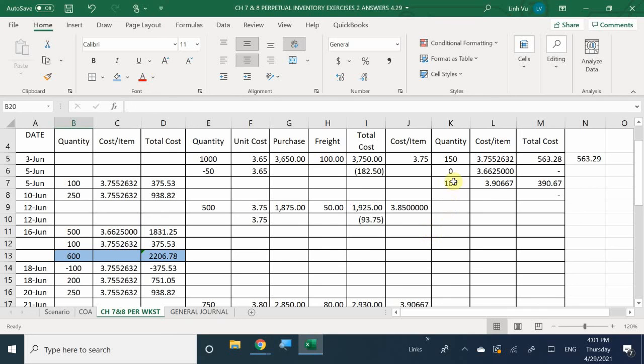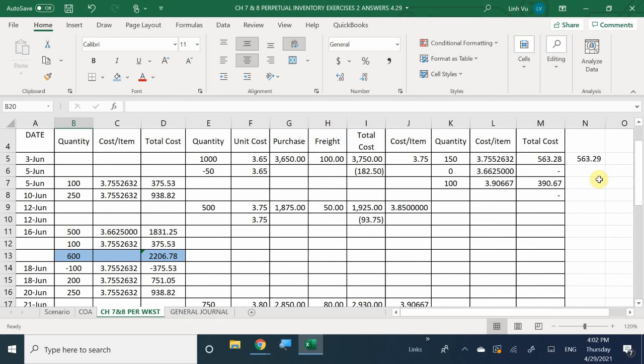Which in this case, I don't have it. So when we're figuring out inventory on hand, we still have to calculate our inventory exactly how it is saying.